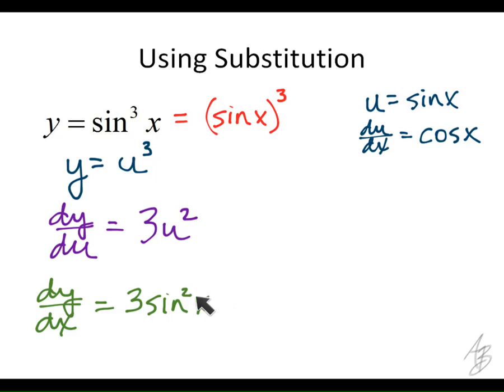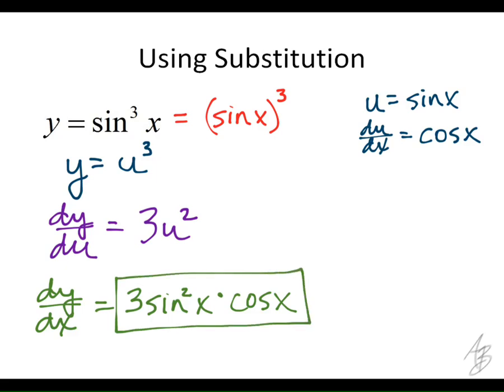We would be squaring the x. So it's kind of funky notation here, but we put the cube on the sine to show that we're cubing the sine function. But we cube it after we take the sine of x. So we have 3 sine squared x times what? Cosine of x. So we get dy dx by multiplying dy du times du dx. And that's going to be 3 sine squared x times cosine of x.